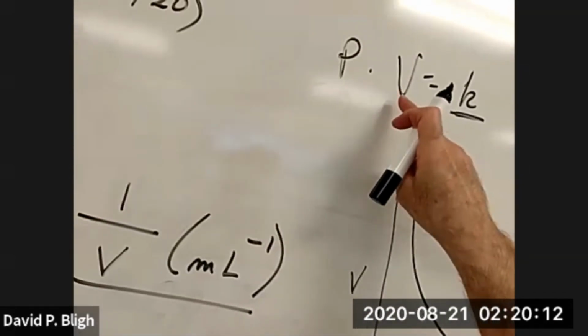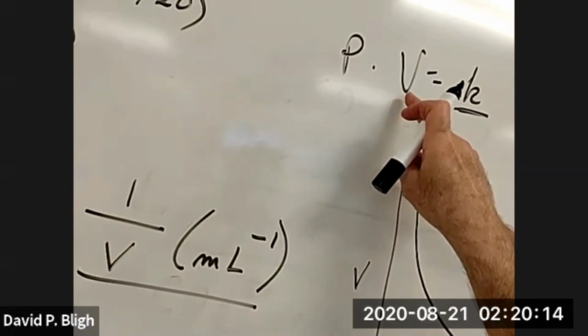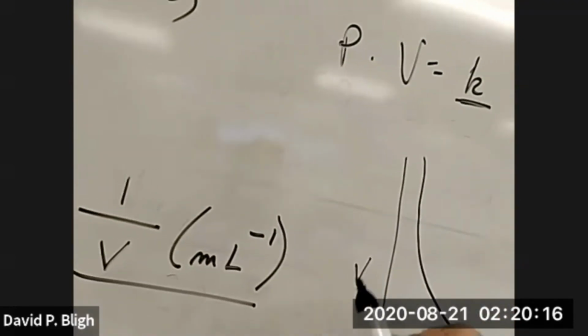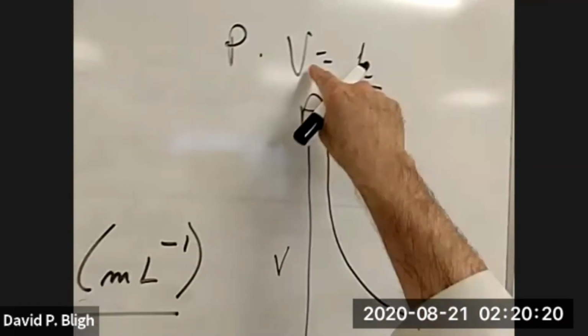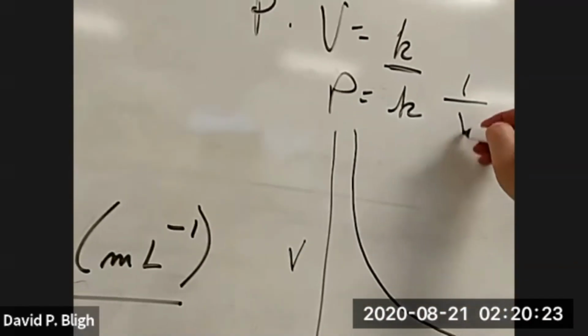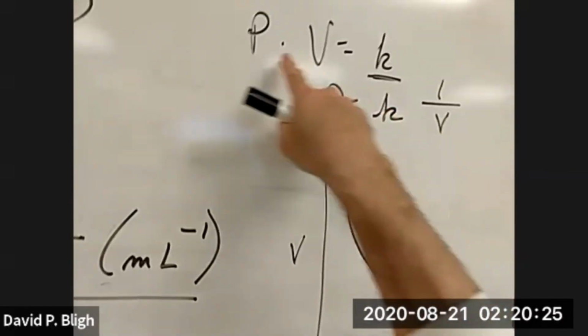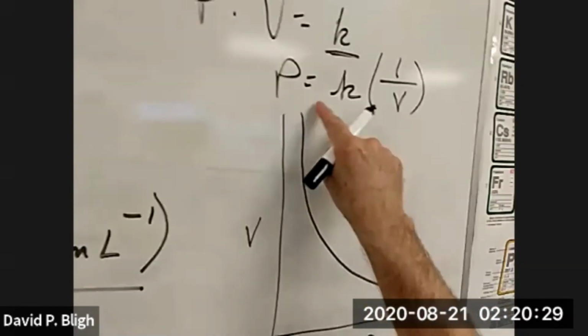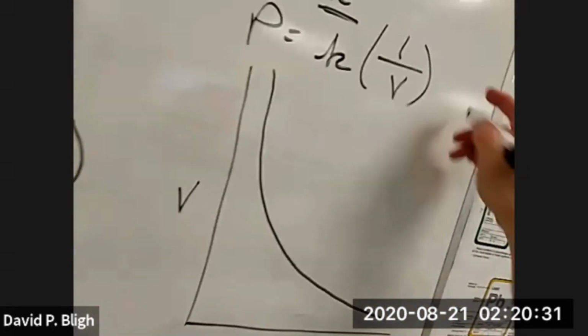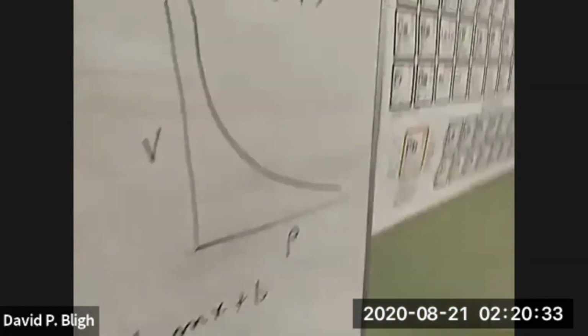Well, do it this way. What if we brought V over on this side? What would that do? Well, if you brought it from here to here, it makes the inverse, right? Because you're dividing by V. Times V, divide by V. Now you have y equals mx, plus b is 0.